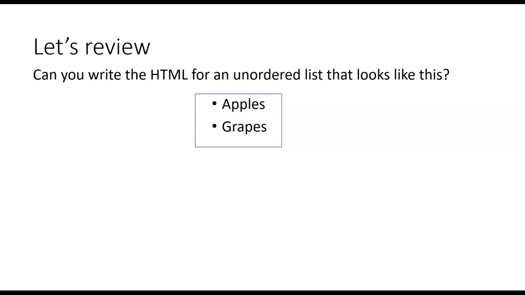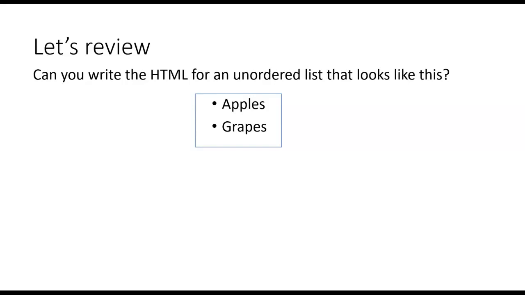So if you are serious about learning some HTML, now would be the time to get out a piece of paper or fire up Notepad or Visual Studio Code and type out or write out some HTML that gives you this unordered list. So you can pause the video and type that out and then come back.